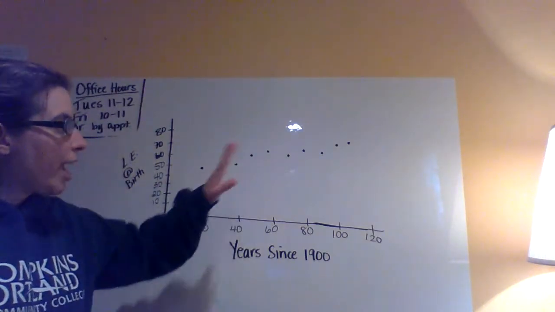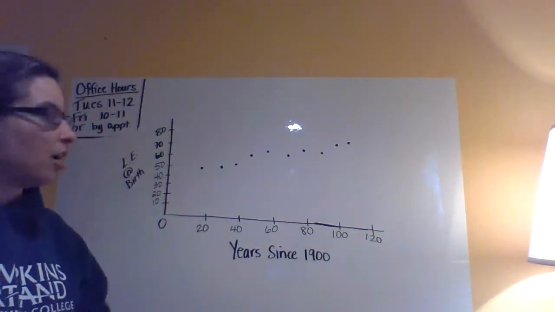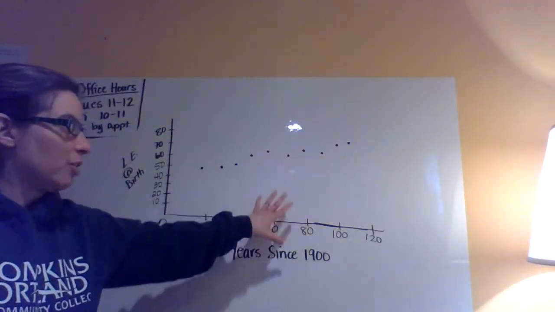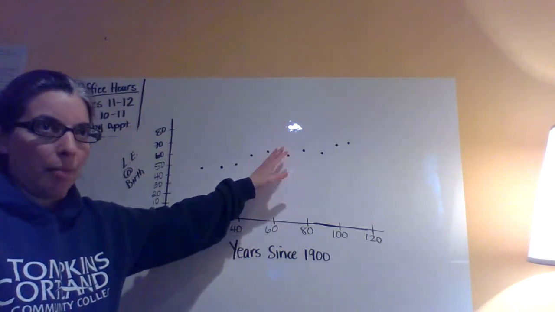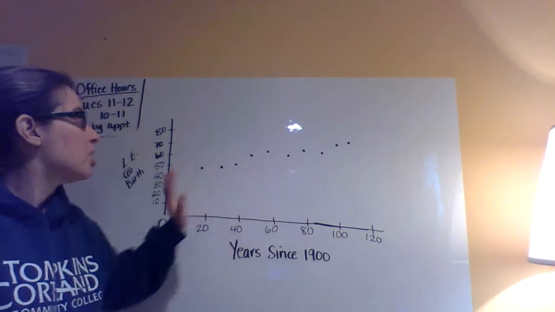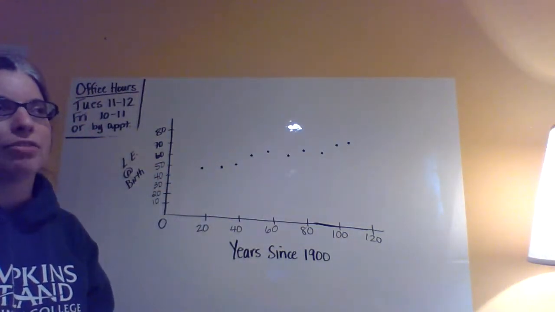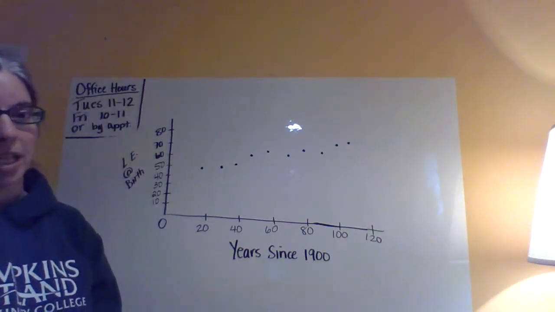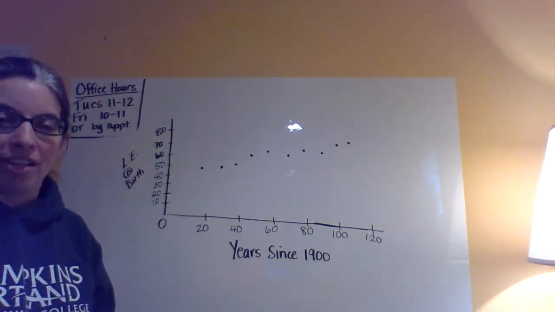Now, you see with any real data, it's not always going to go up at exactly the same rate every year. There are little dips here. This is around 1970. I don't know for sure, but I would guess something like maybe the Vietnam War. These are babies that were born then. But as things happen, there's some kind of medical concern, a pandemic, some kind of war, some kind of natural disaster.